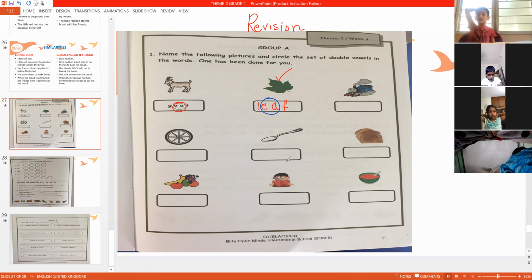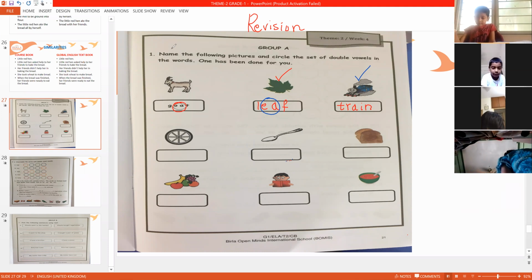Now, next picture. Can you identify it? Train. Very good. And can you tell me the spelling of train? T-R-A-I-N. Train.